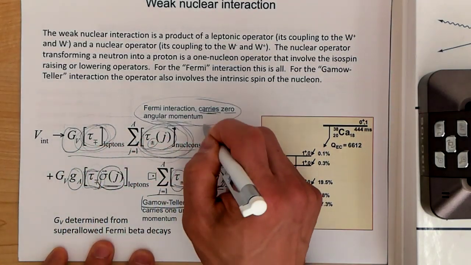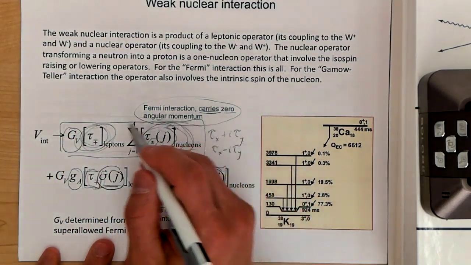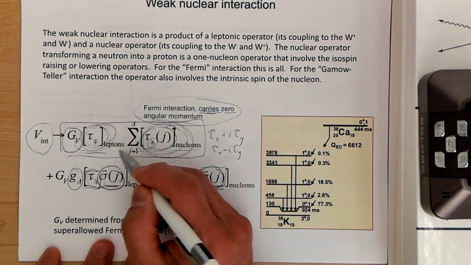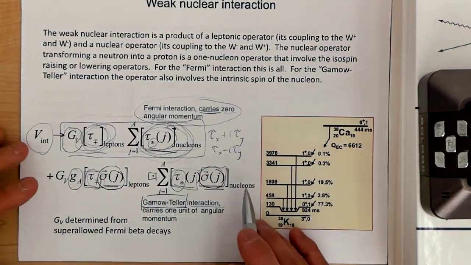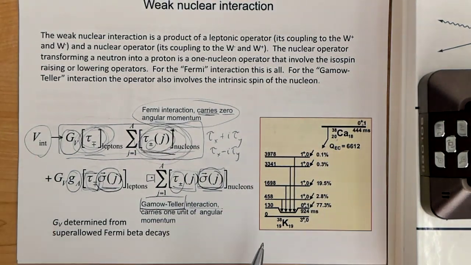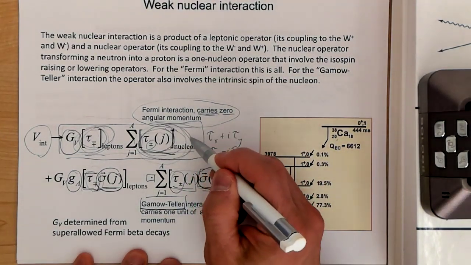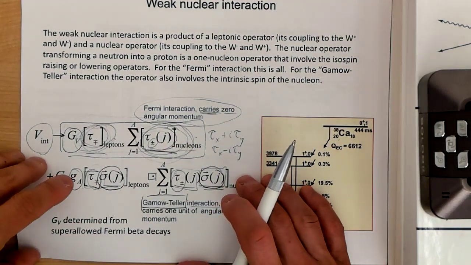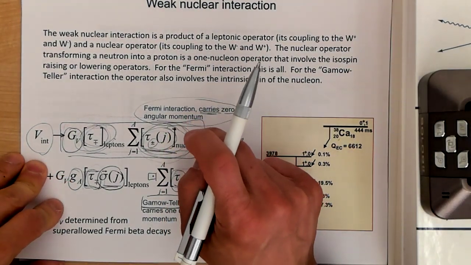What is kind of interesting is that the Fermi interaction, this vector part interaction, is really, really simple. So in particular, let me back up a second.